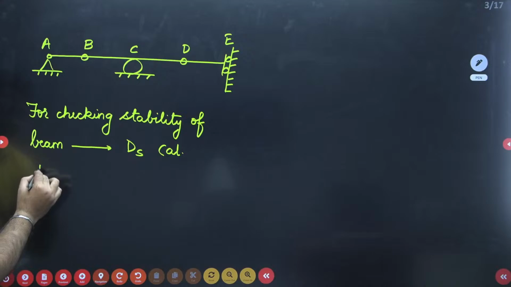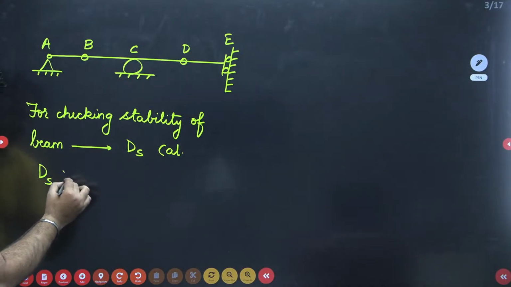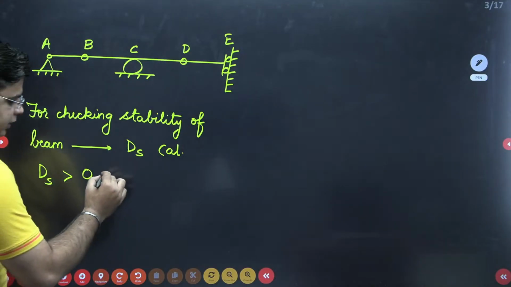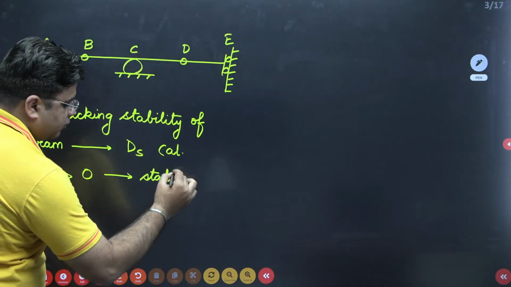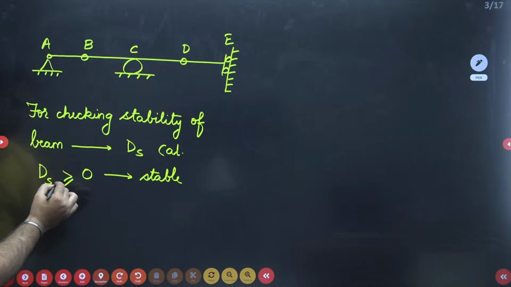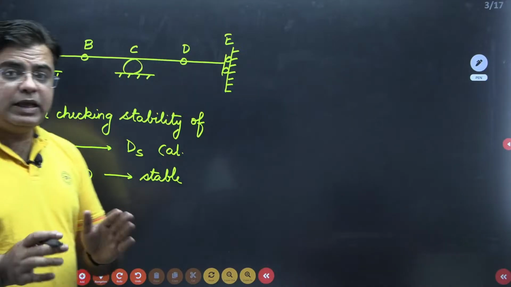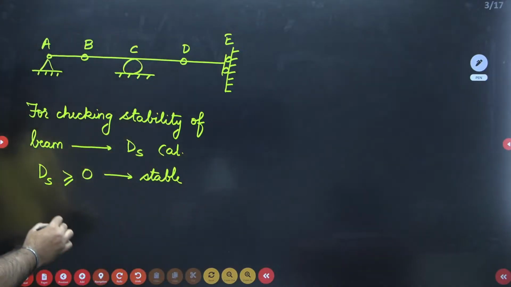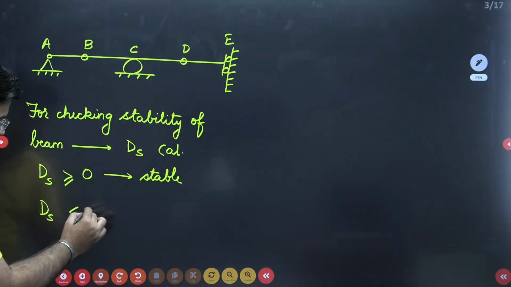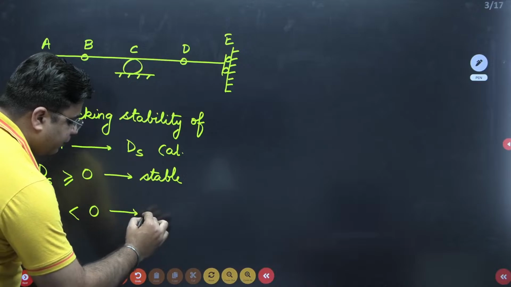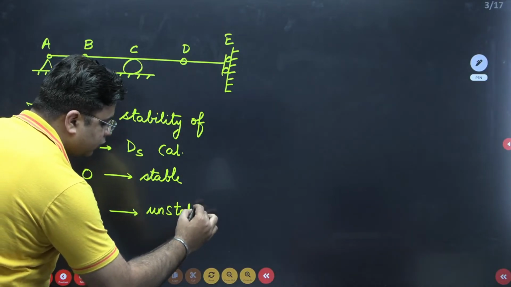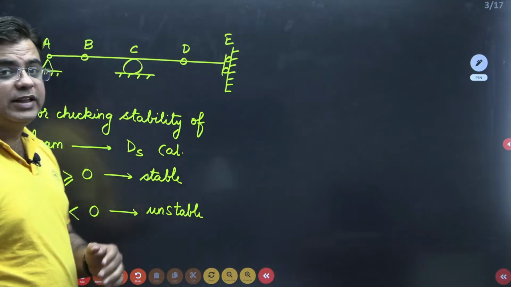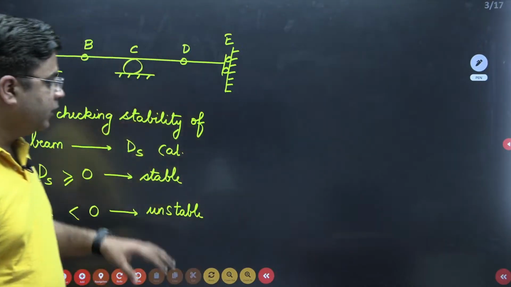If the degree of static indeterminacy is greater than or equal to 0, then we say that the beam is a stable beam. If your degree of static indeterminacy DS is less than 0, then we say that the beam is an unstable beam. So this is the only criterion for checking the stability of the beam, right?